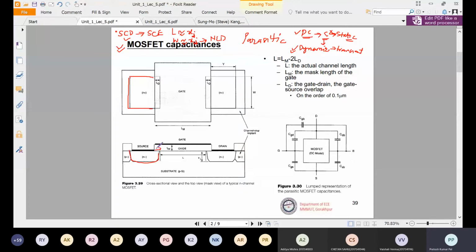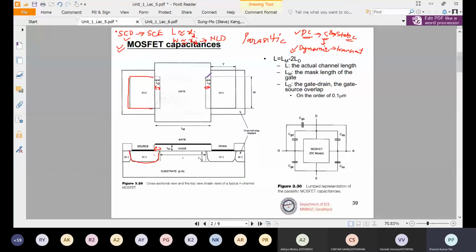This overlapping width will be LD, representing the overlap length. Similarly, on the drain side, it will be LD again. This will be the overlap region, and this shows the drain region and the plus region on the drain side.